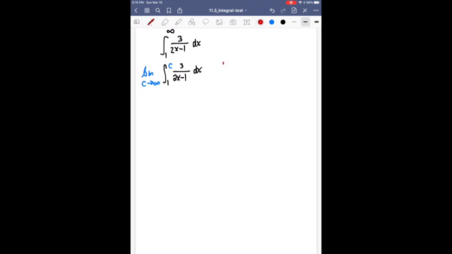Looking at this, we can do a nice u substitution and let u equal 2x minus 1. The derivative is du equals 2 dx. And then we can substitute this into the integral. Our bounds are still going to be with respect to c instead of u.